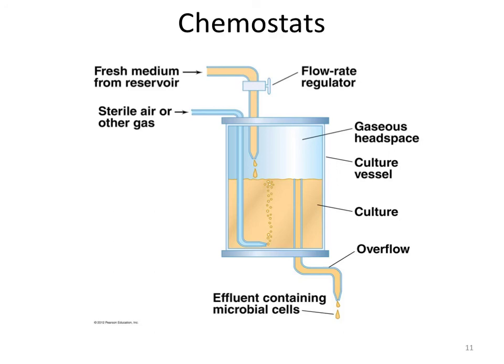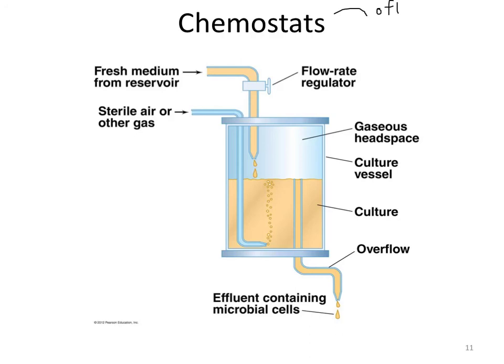A similar scenario can happen to an organism growing in one part of the body, which will then ultimately function like a flask or a test tube. Now in industry, we often want to keep microbes in a particular stage of growth, most typically exponential. Okay, so we grow them in things that are called chemostats.